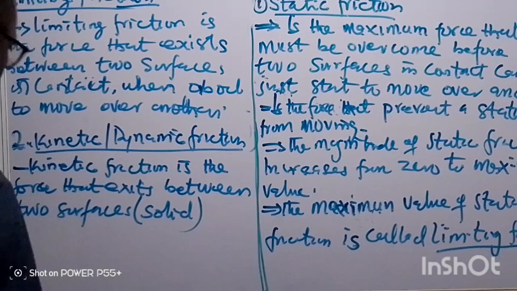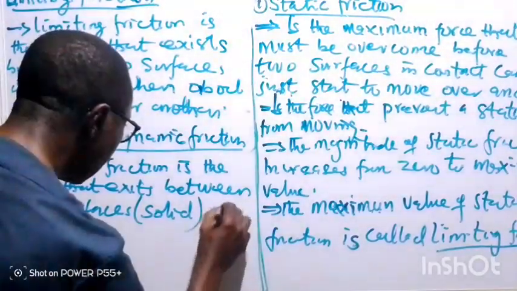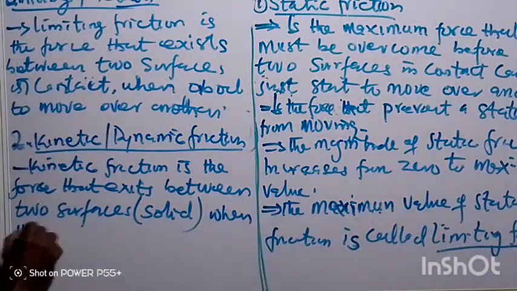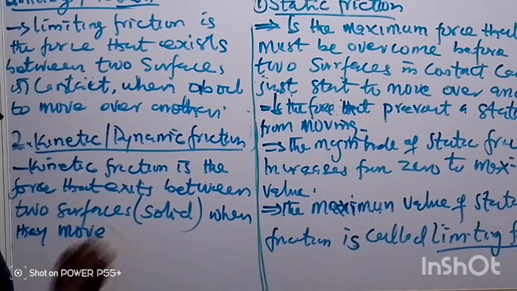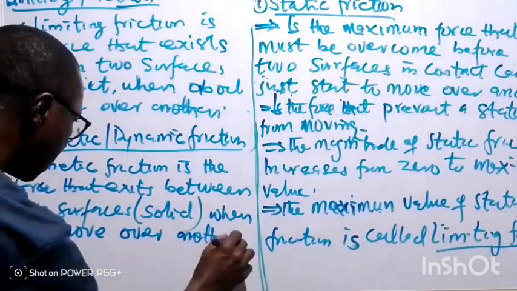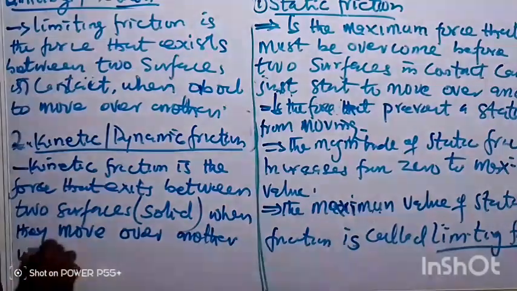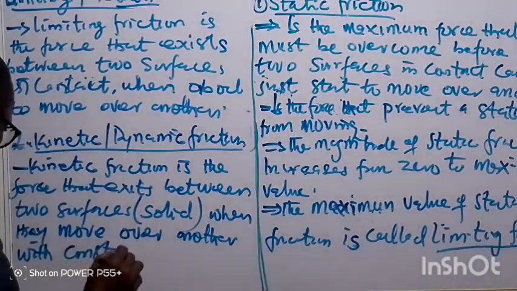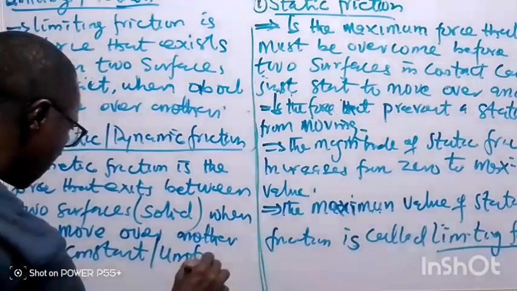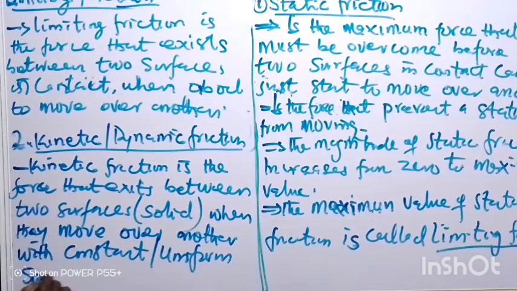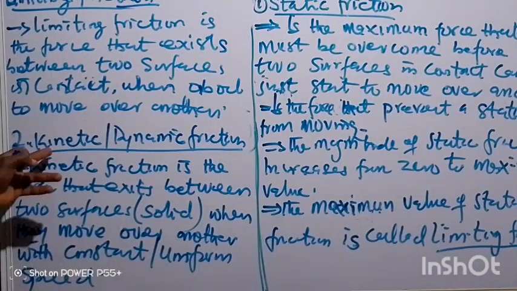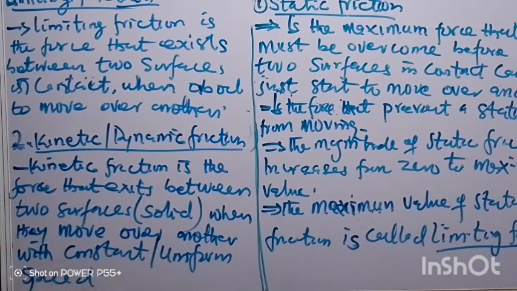Between two surfaces, when they move over another with constant or uniform speed. When they move over another with uniform speed, then we have what we call the kinetic or dynamic friction.